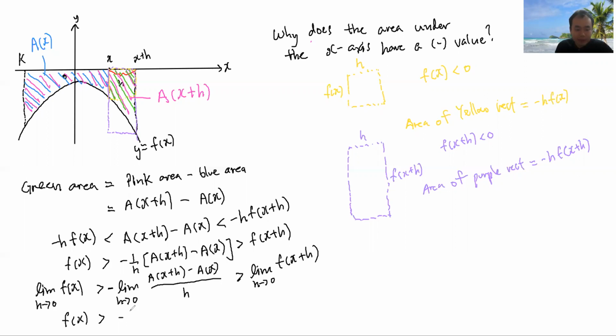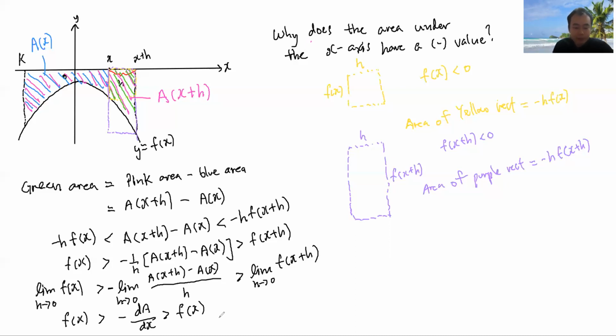So this is a negative dA/dx. And what about this? When h approaches 0, this whole thing will approach f of x. So we have f of x here.